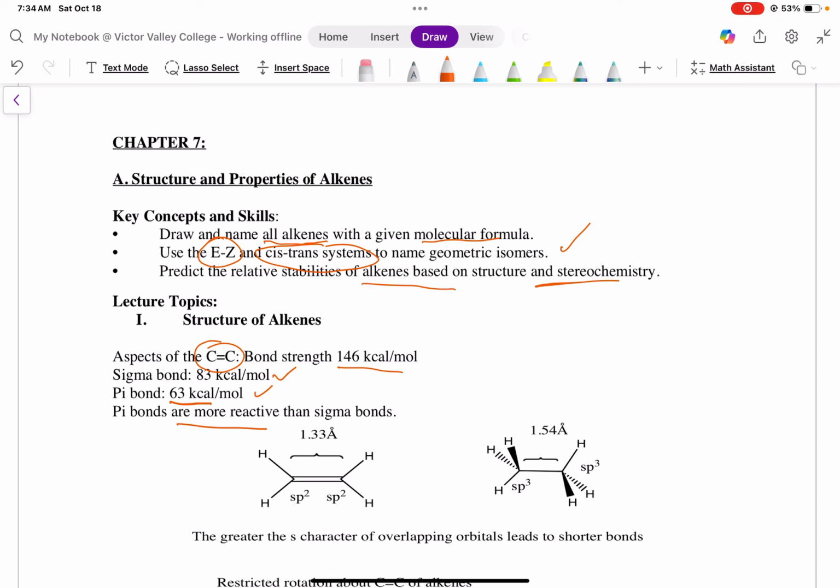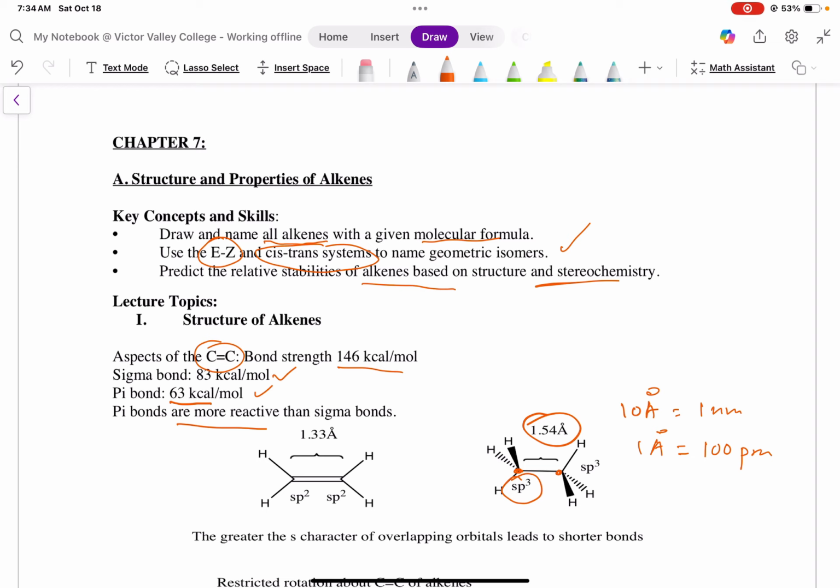Now, a single bond is between sp3 carbons. If you look at the carbon-carbon single bond, the bond distance is 1.54 angstrom, and 10 angstrom is equal to 1 nanometer, or you can say 1 angstrom is 100 picometer. So you know it's really small.